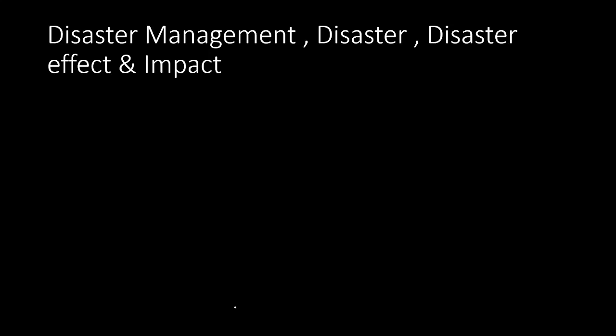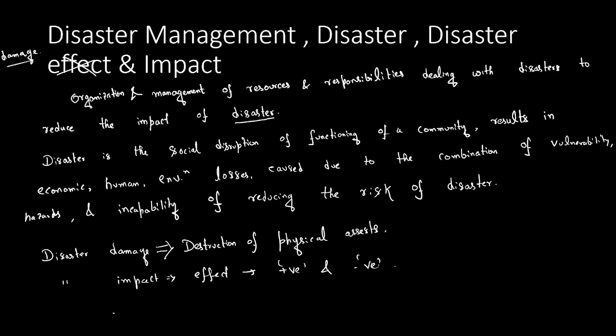So let us see what is disaster management. I have written everything for you. So here this will be damage. Okay, so let us see the definition: disaster management, disaster damage and disaster impact.